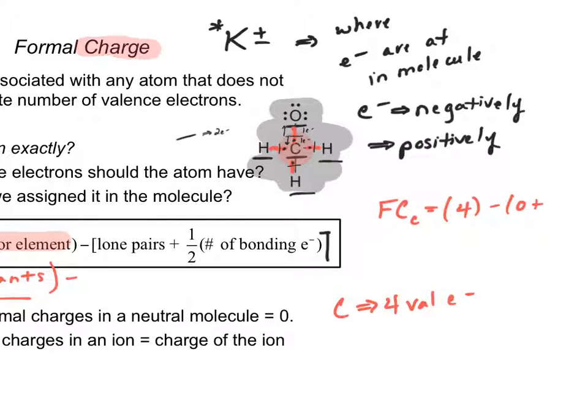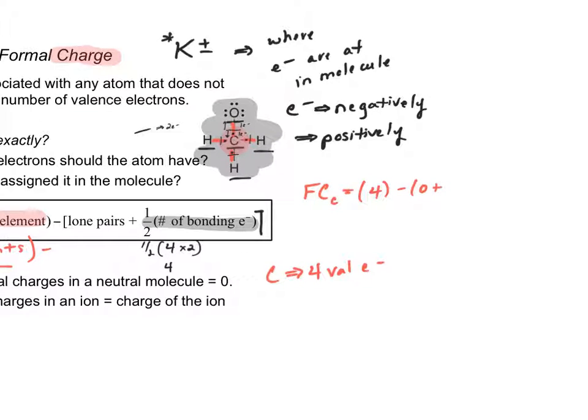Another way to say that is we're going to give it half of the bonding electrons. If 2 electrons are in each bond, there are 4 bonds around carbon. So 4 times 2 is 8, but we're only going to assign half of it, so it ends up being only 4 electrons.